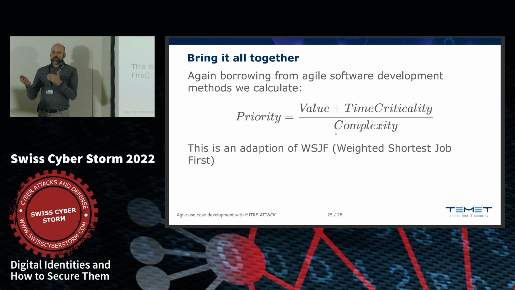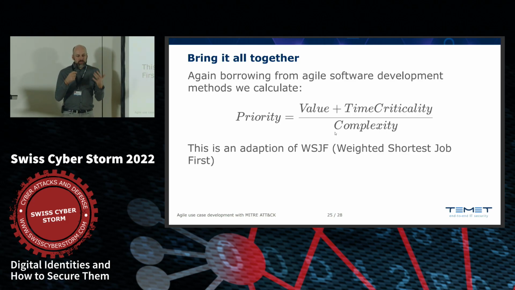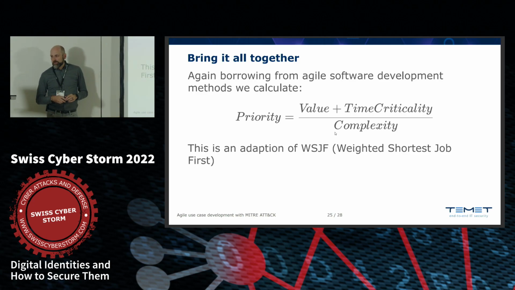And that's why you put in the complexity as well, and not just the value, because in this regard, use cases that are valuable but very complex to implement are maybe a bit lower priority than many use cases with less value and also low complexity. So this will help you to do the prioritization of the use cases.